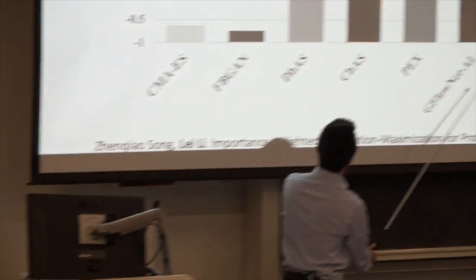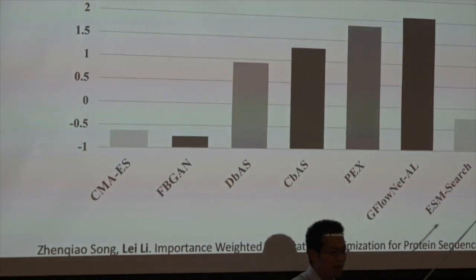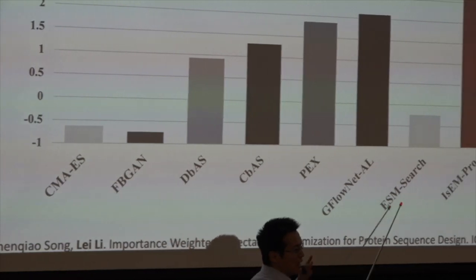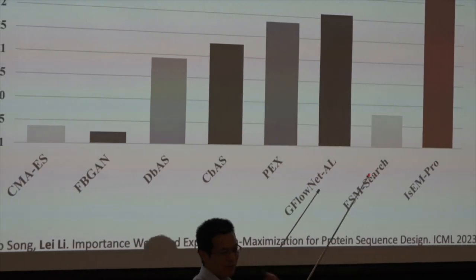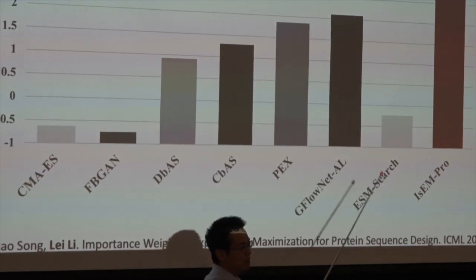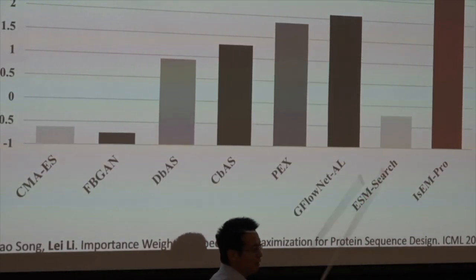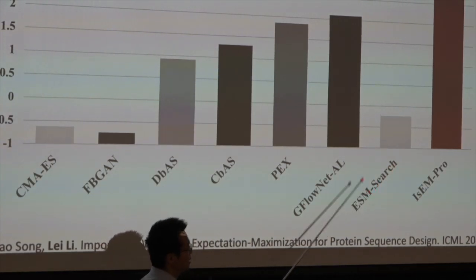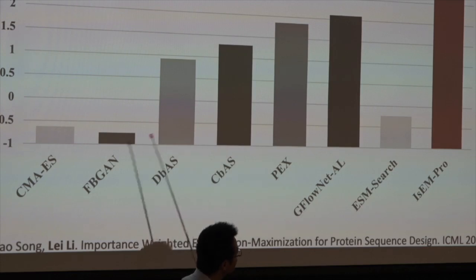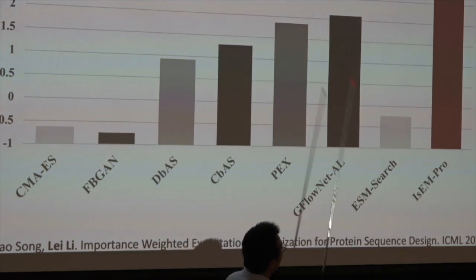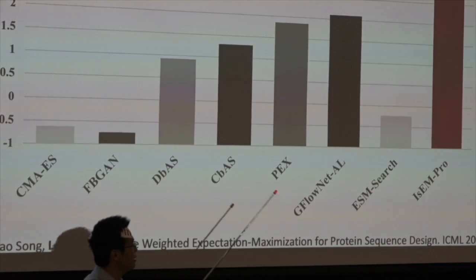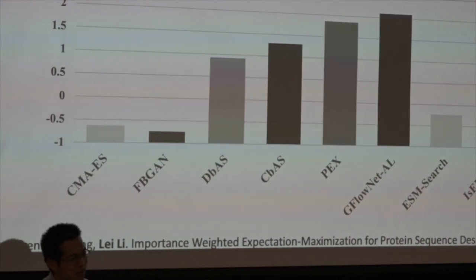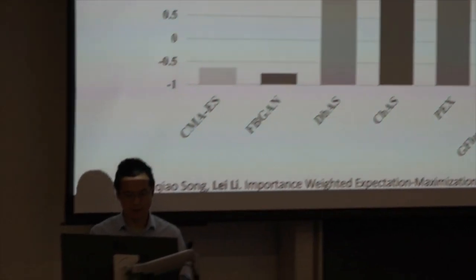In particular, there's one called ESM search that's based on ESM, if you remember. This is a BERT-based model. We can take a BERT model and an initial sequence, randomly mask it, then predict the masked tokens and search for the best, using the fitness as a filtering function. On the 8 datasets we tested, it turns out ESM Pro gives us a much higher fitness score.